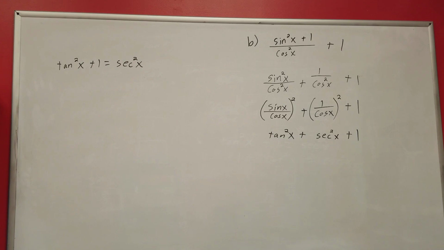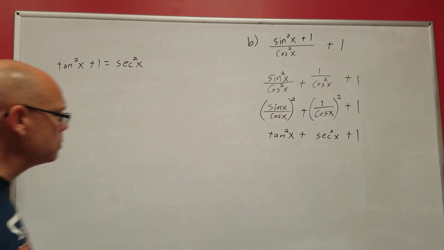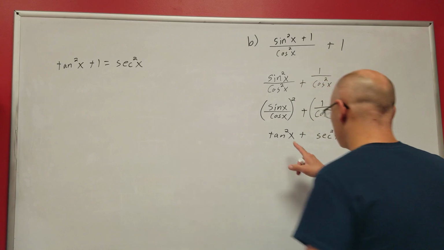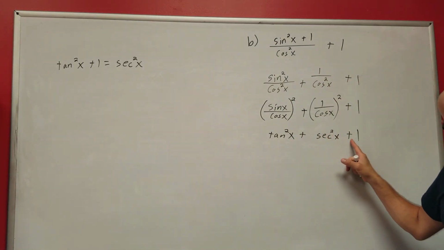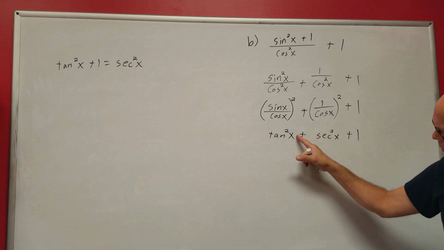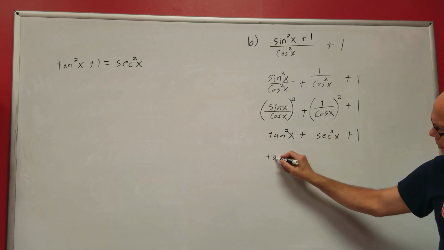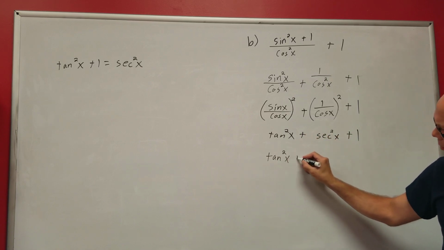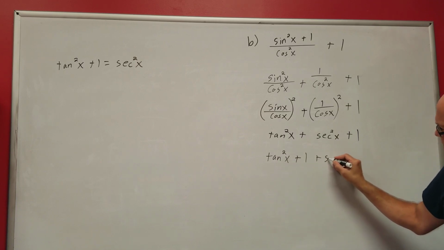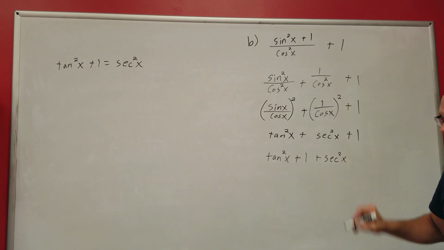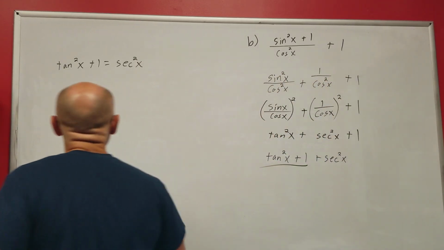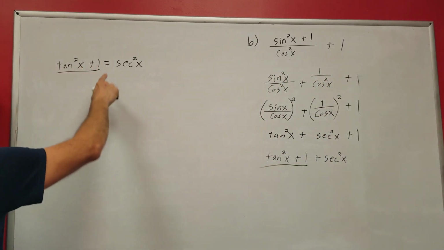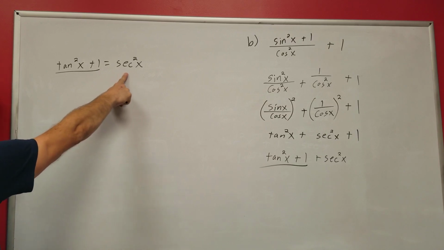Well, there are a couple of different things I could do here. Here's one thing I'm going to do. What if I get this tangent of x squared next to this 1, or get the 1 and place it over here? That'll be the tangent of x squared plus 1 plus the secant of x squared, right? Now, what's the tangent of x squared plus 1 equal to? Secant squared, right?